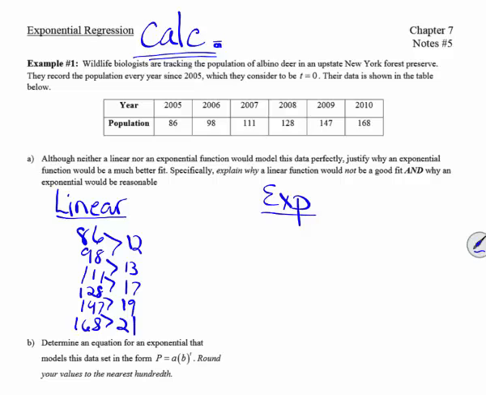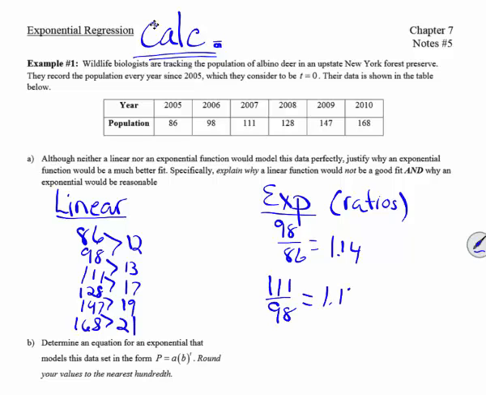When I want to see if an exponential one is good, I have to find the ratios. So I need 98 over 86, which is about 1.14. And then I have to do 111 divided by 98, which is about 1.13. 128 over 111 is 1.15, and then 168 over 128 is 1.14.